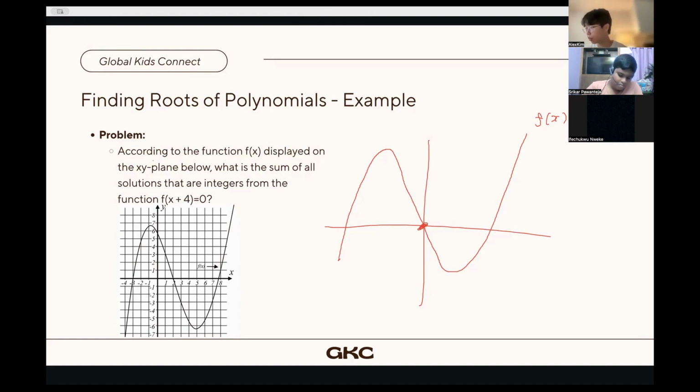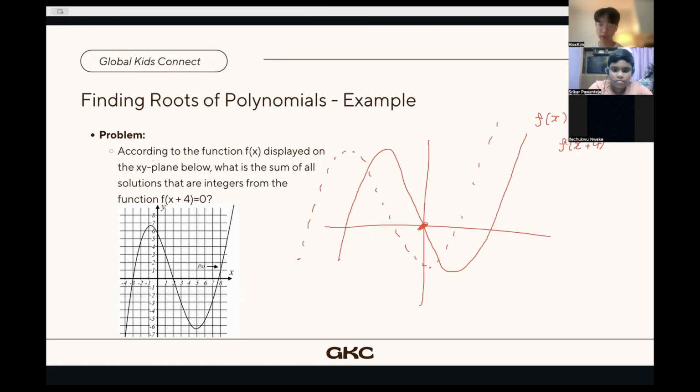But then let's say we got another graph, this time for the function f of x plus 4. If we're to get this, then this new graph will be shifting the entire original f of x graph to the left by a magnitude of 4. And so it will look something similar to this.